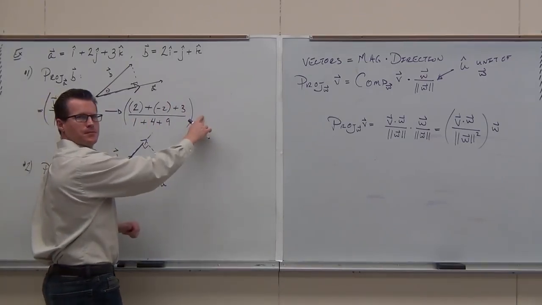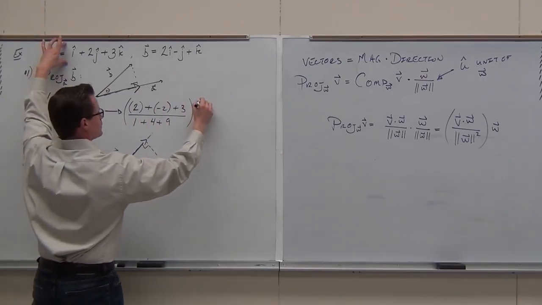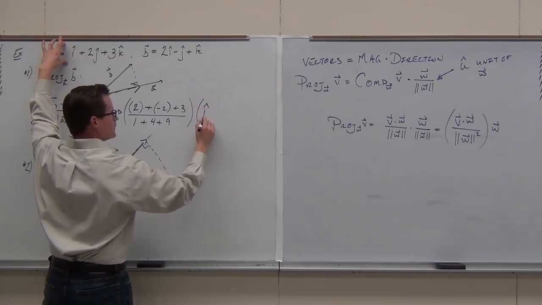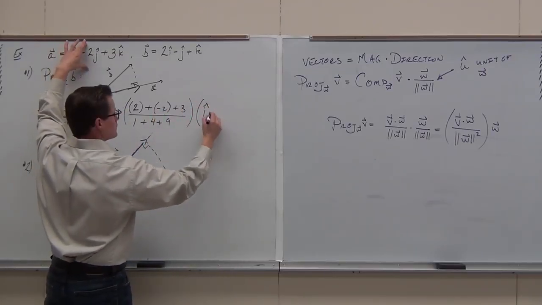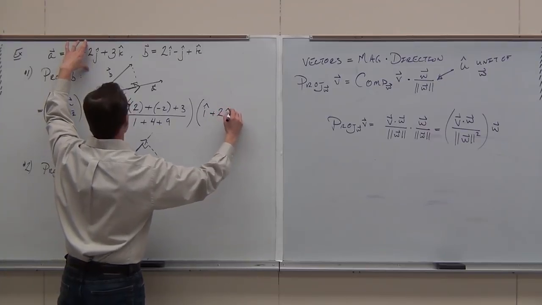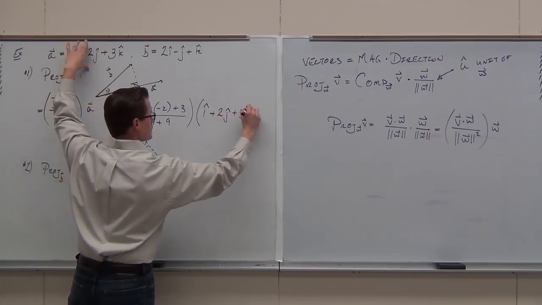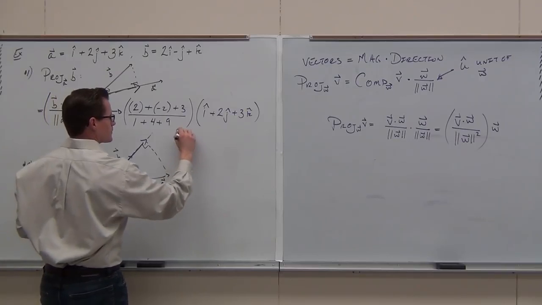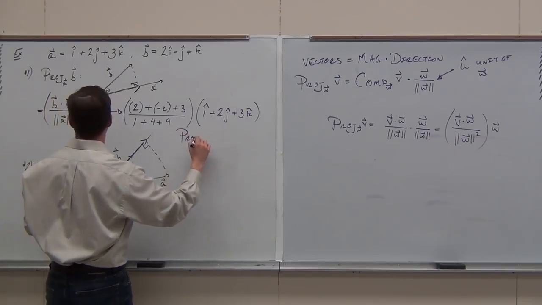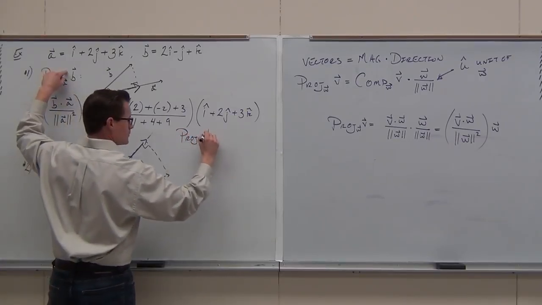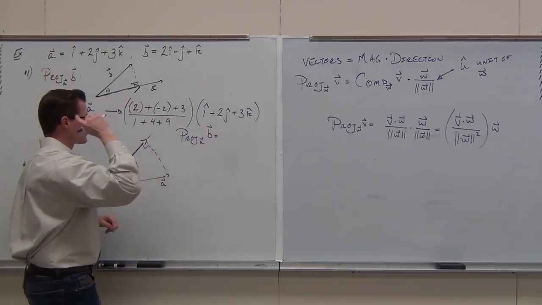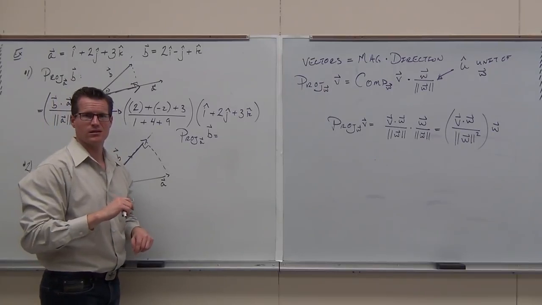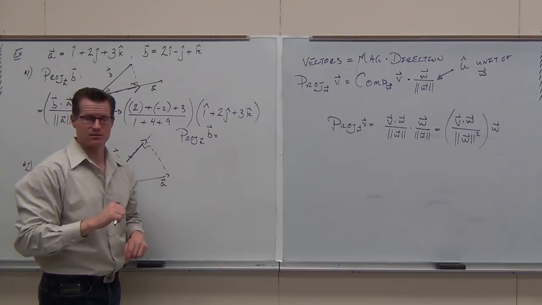What goes here? It is a vector. Scalar times vector, that's okay, but this is a vector. Oh my gosh, looks like 3 what now? 3/14ths?